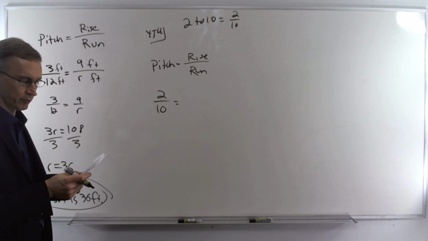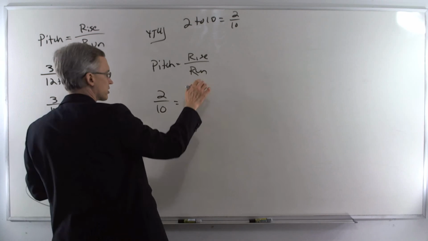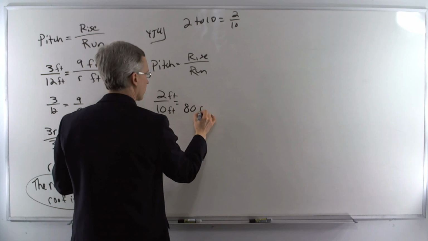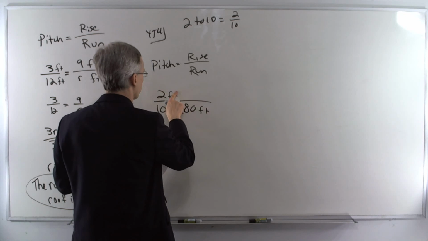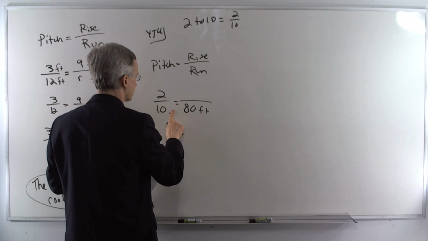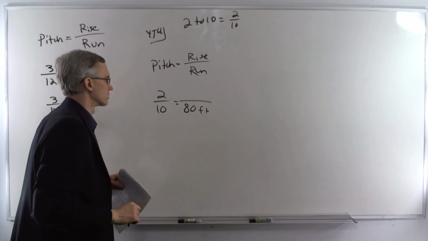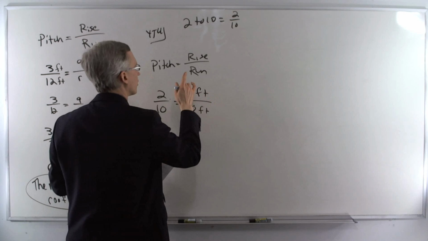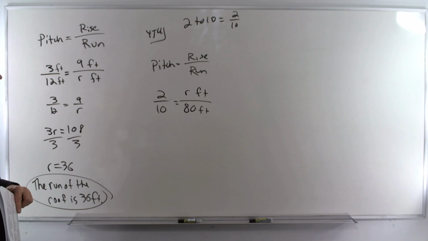The section of a roof runs 80 feet. So we know the run is going to be 80 feet. Actually, we don't really need units here since it's a ratio, so I'll just leave those out. All right, and then R feet for the rise. We're going to find the rise now.